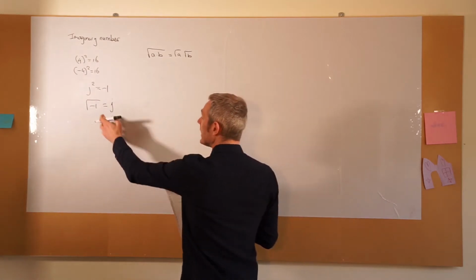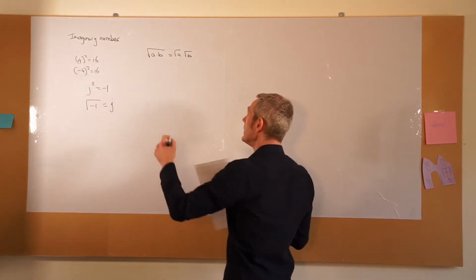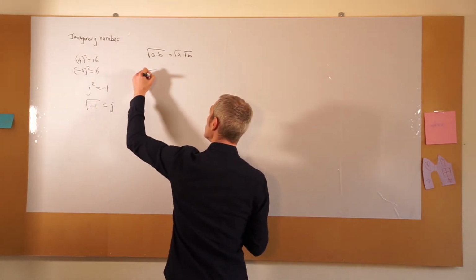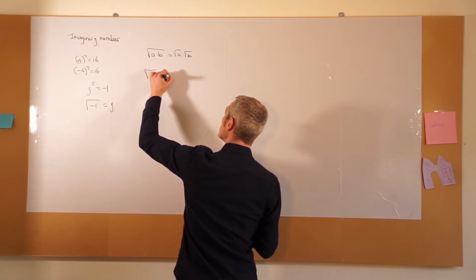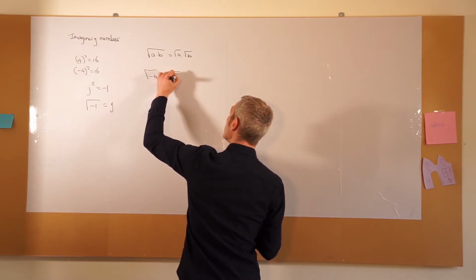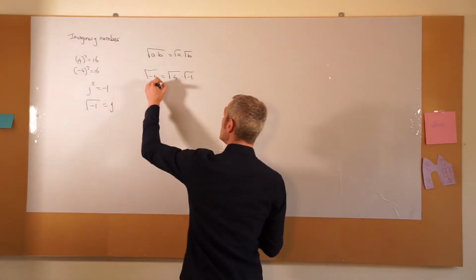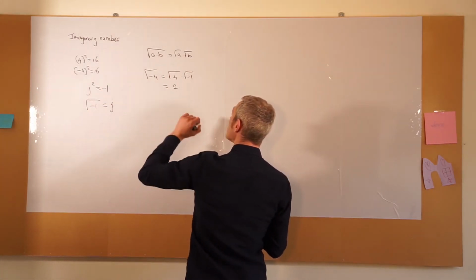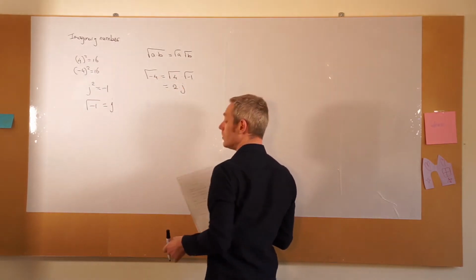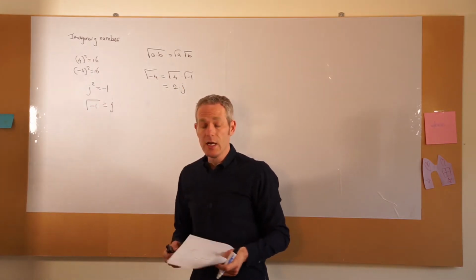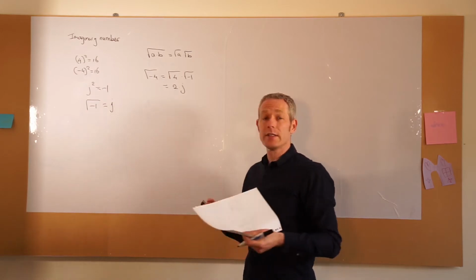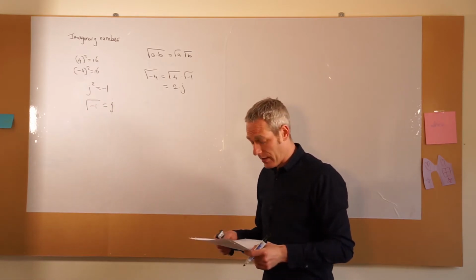So not only can we take the square root of minus 1, we can, for example, also take the square root of minus 4. And the square root of minus 4 is then equal to the square root of 4 times the square root of minus 1. And the square root of 4 is, of course, 2, and the square root of minus 1 is j. So now we can take square roots of all negative numbers.